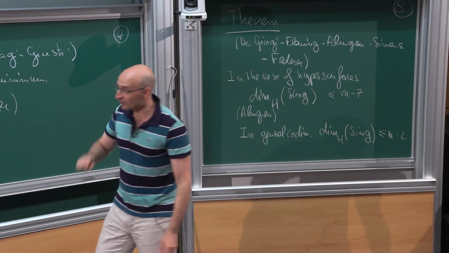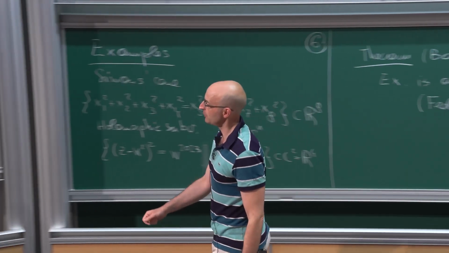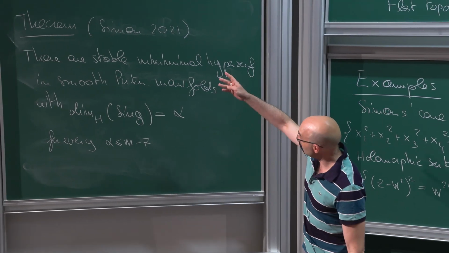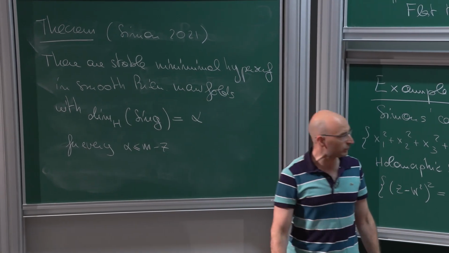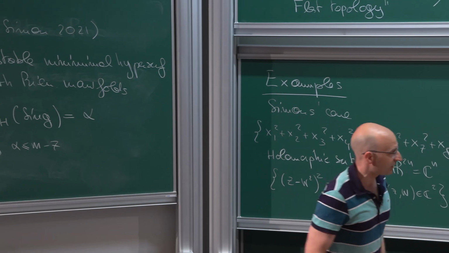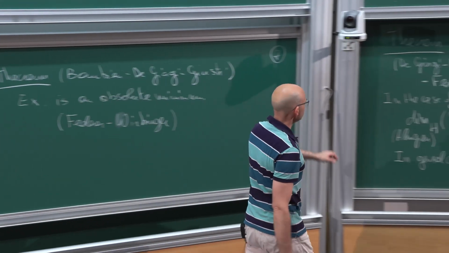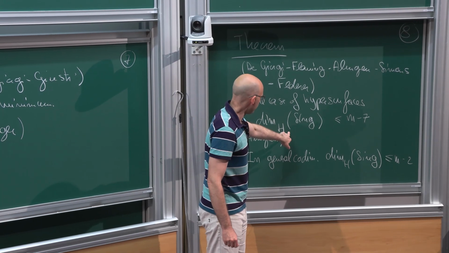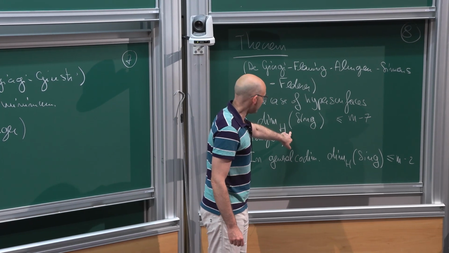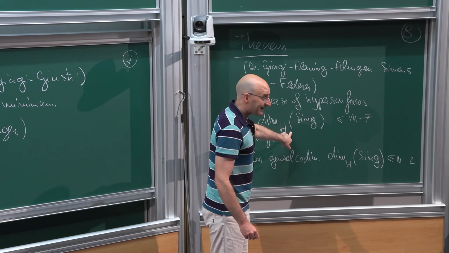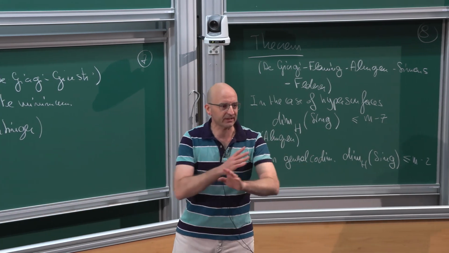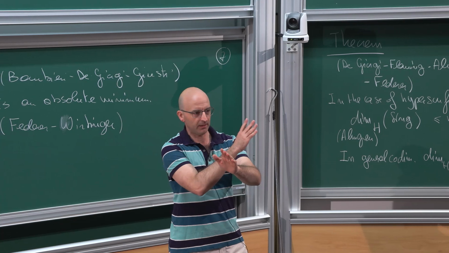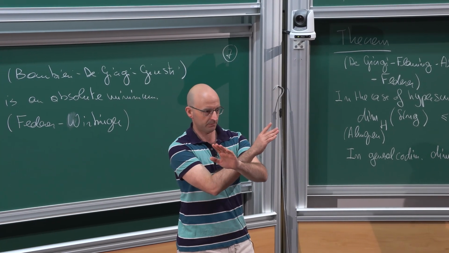And even though that one is not a minimizer, it's a stable minimal hypersurface, there's a theorem by Schoen and Simon which is telling you that minimal hypersurfaces cannot exceed the bound in this theorem that you have for area minimizers, unless you're looking at something like minimal surfaces which are kind of crossing. Okay?